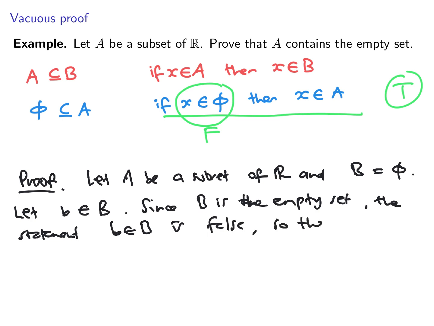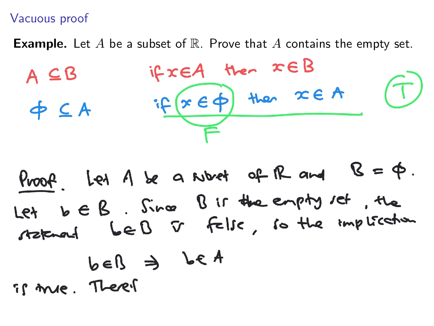So the implication b in B implies b in A is true. Therefore, B, which is the empty set, is a subset of A. And we're done.